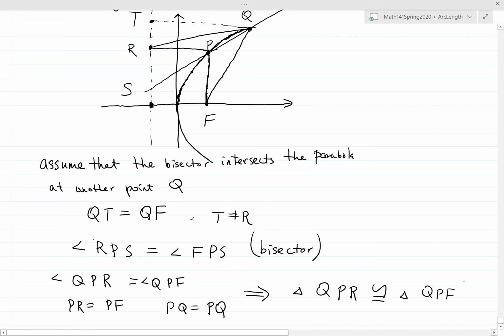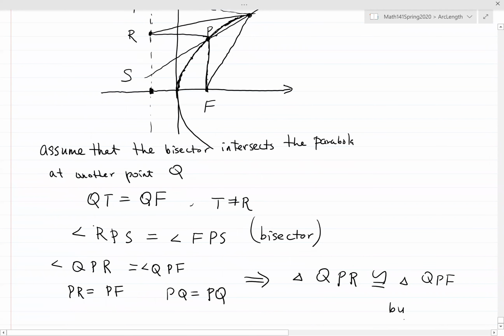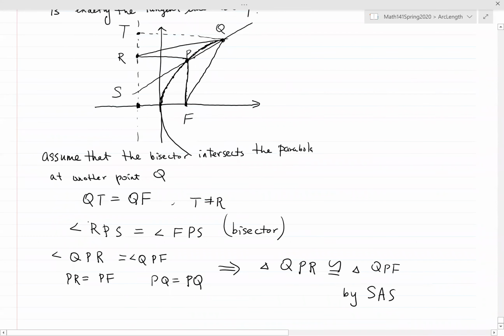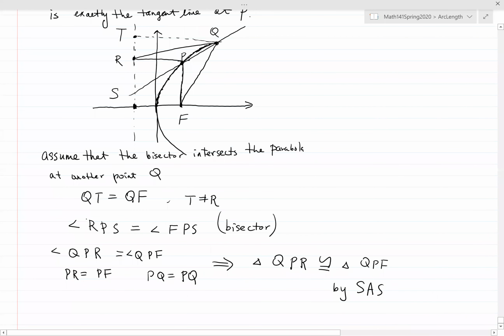By side angle side. Then we can conclude the corresponding sides are equal, QF equals QR.